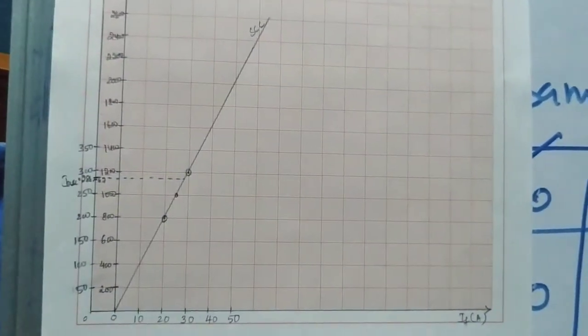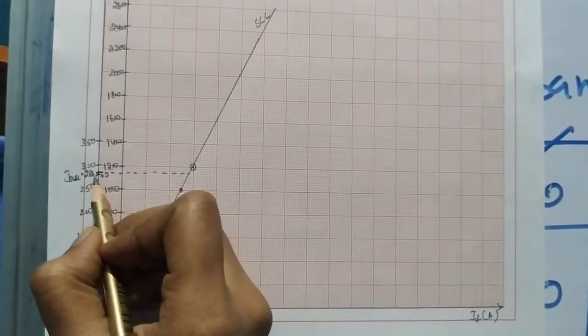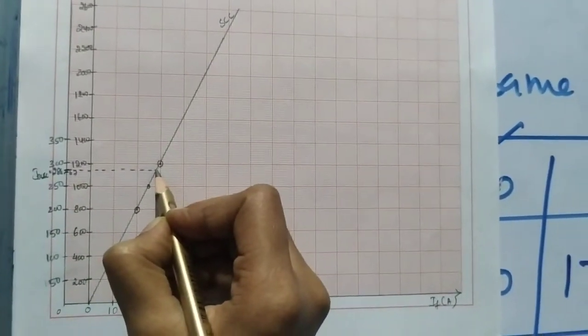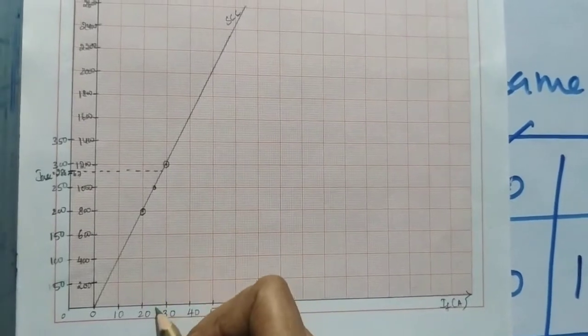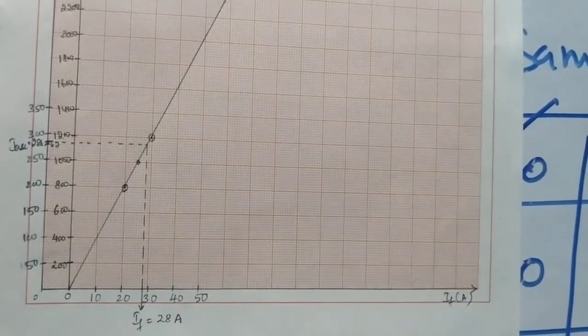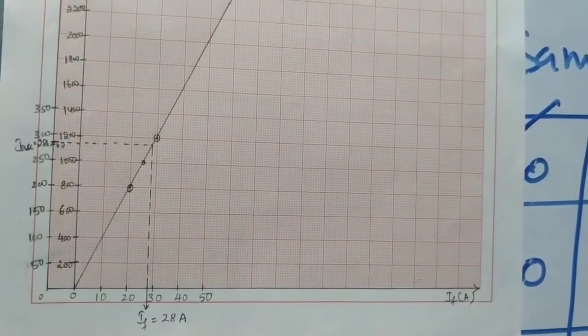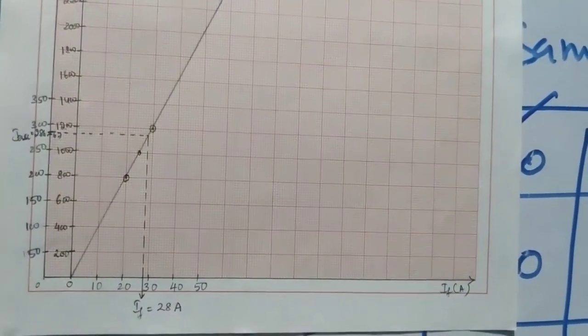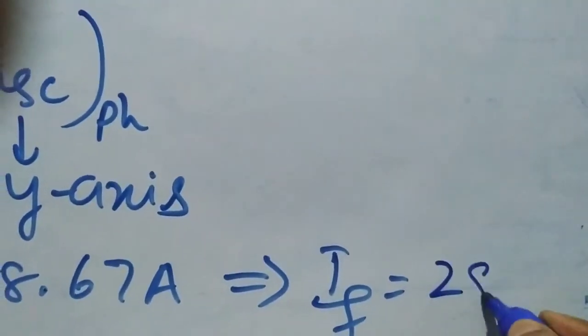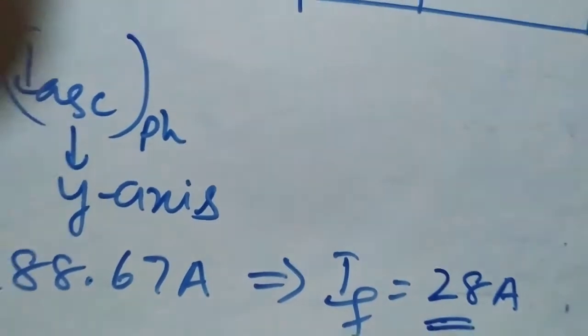For the value of 288.67 IAC phase, we have to intersect with the short circuit characteristic and determine the corresponding IF. Okay, so let us draw that. So we are going to get the corresponding IF value as 28 amps. So let us write here IF is equal to 28 amps.